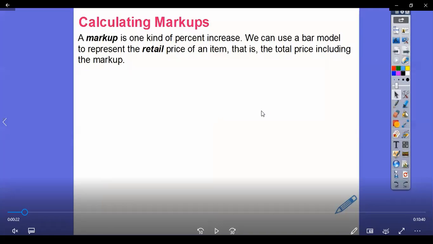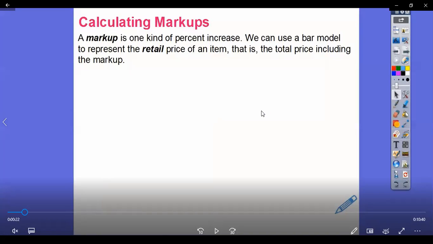Okay. Is there anyone else who can give me any situations where we can find markup or markdown? These are just applications of where we can use a percent. We can use a percent in a store, in a bank, in a company, in different places.